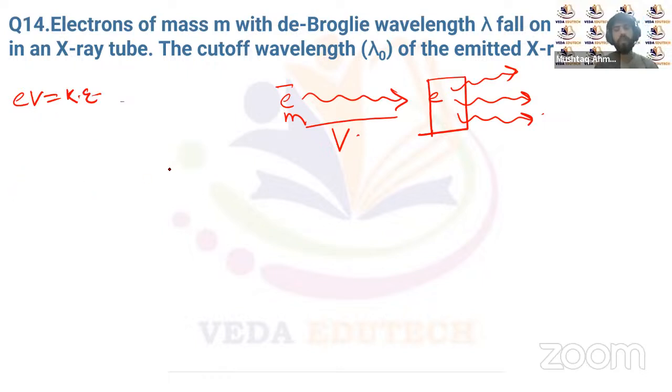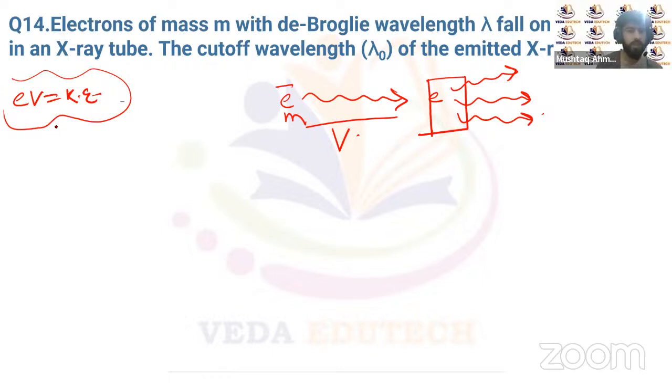And if the whole of this kinetic energy gets converted into the X-ray when the electron hits the target, the kinetic energy of this electron gets converted into electromagnetic radiation. When a highly energetic electron strikes a target, the X-ray is produced. So the minimum wavelength we can have is that all of this kinetic energy gets converted into the radiation.